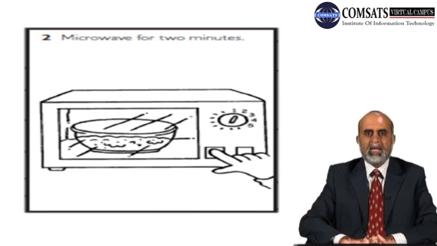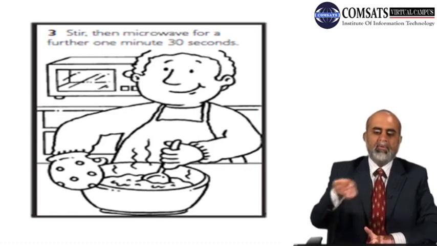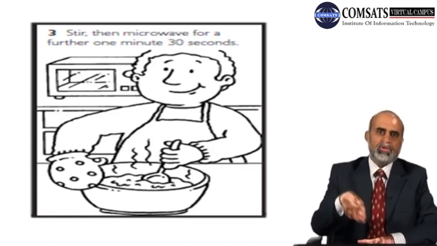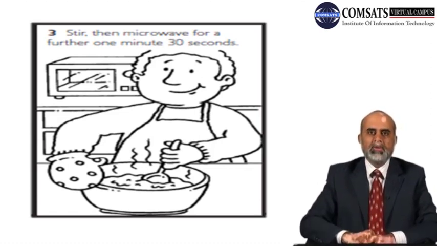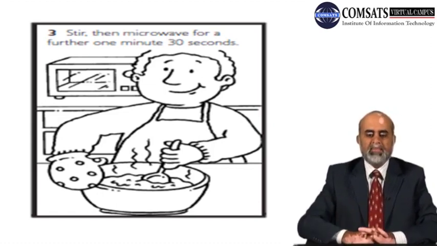So microwave here has been used as a verb. Step number 3, stir, right? Stir means to shake or move around the contents in the bowl, as you can see in the picture.